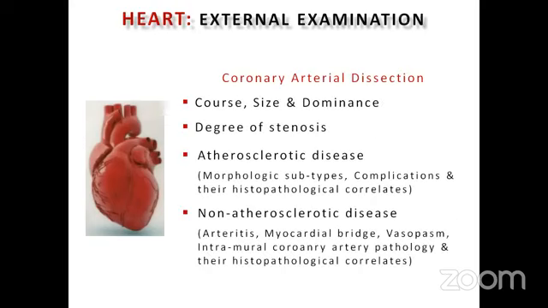The second session was devoted to the coronary arterial dissection and the appearance of the myocardium. So we observed the course, size, and dominance of the coronary arteries. We also saw the degree of stenosis and whether it was related to atherosclerotic disease or certain rarer non-atherosclerotic pathology.